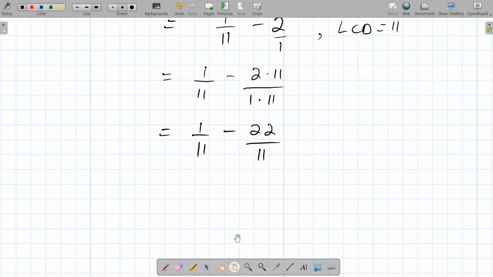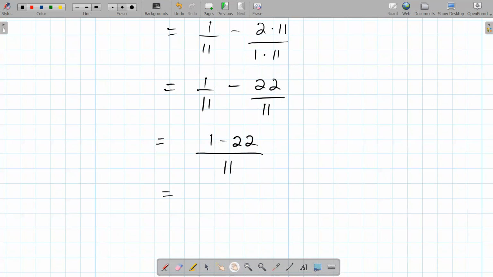And from here, I hold the denominator the same, 11, and then I try to subtract the numerators. And that should end up giving you 1 minus 22 is negative 21. And I divide by 11, and that is that.